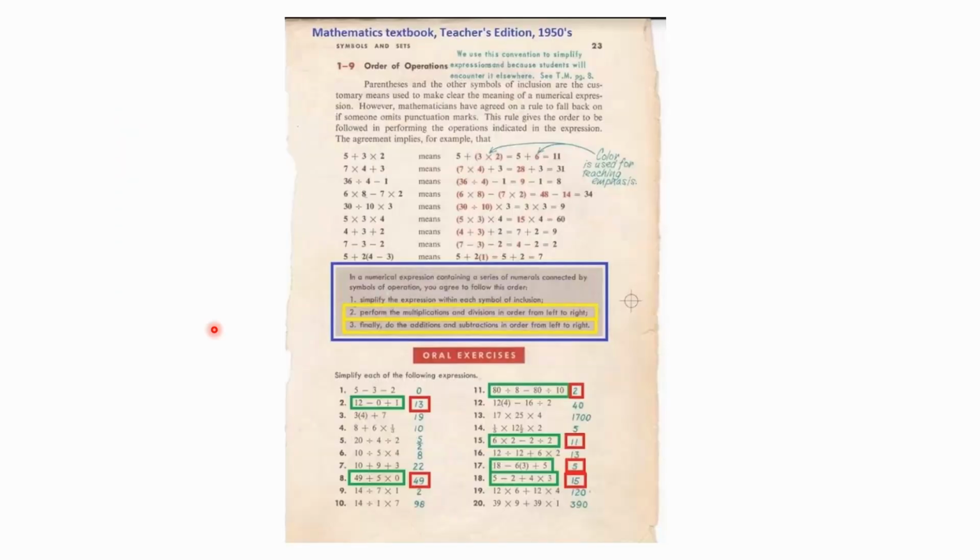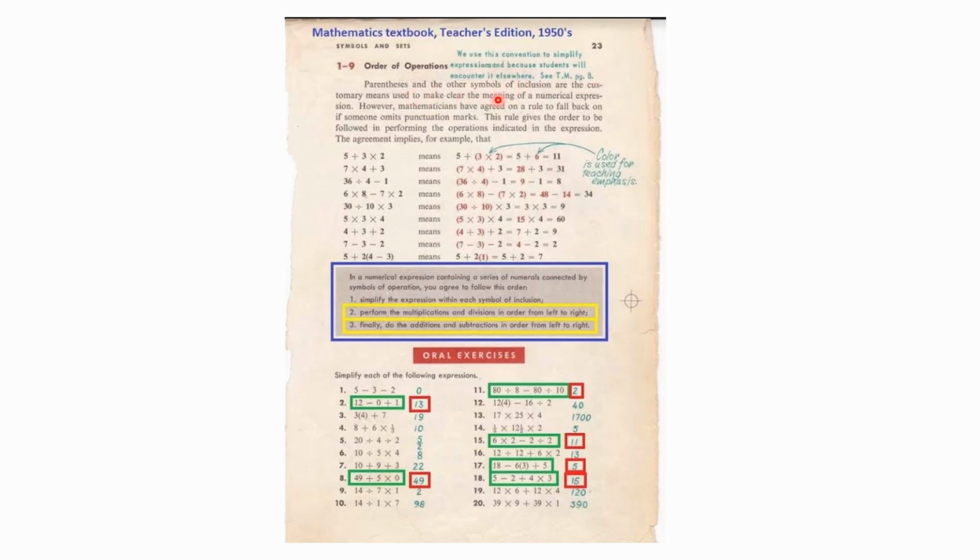Here's a textbook from the 1950s. It's a teacher's edition, and it's got some notes in here about how we use this convention to simplify expressions and because students will encounter it elsewhere.